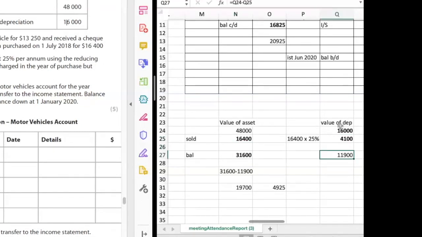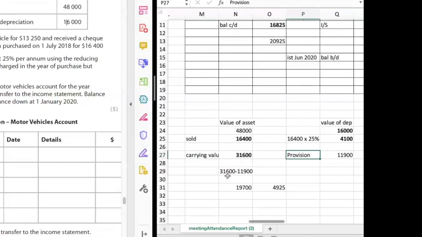Simple thing, we'll get the current value of the depreciation, and in a similar manner we'll calculate the current value of the assets. So this is the current value of the asset, or carrying value. I told you, carrying value, and this is the provision, the updated provision. What we have to do is carrying value minus provision.